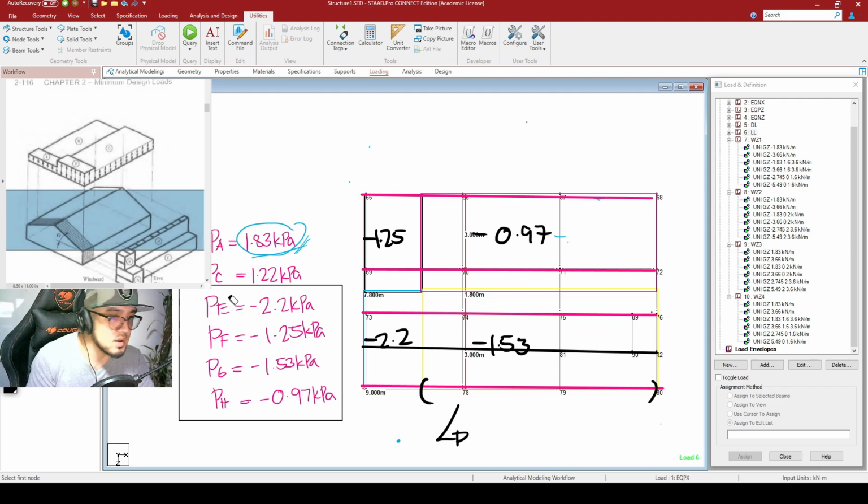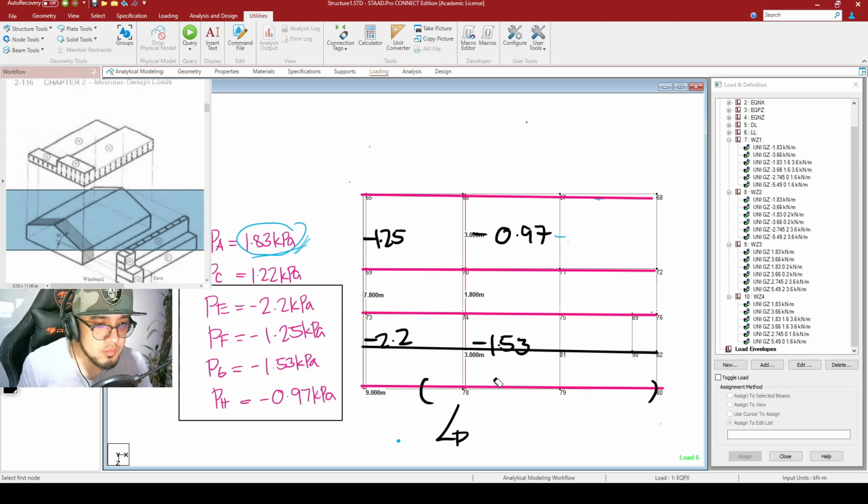So I will be erasing them first. I will just be dividing this once again. So this is to be the division between your zone E and F to G and H.